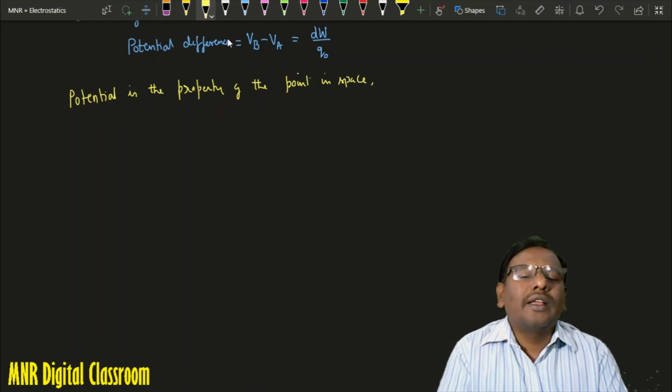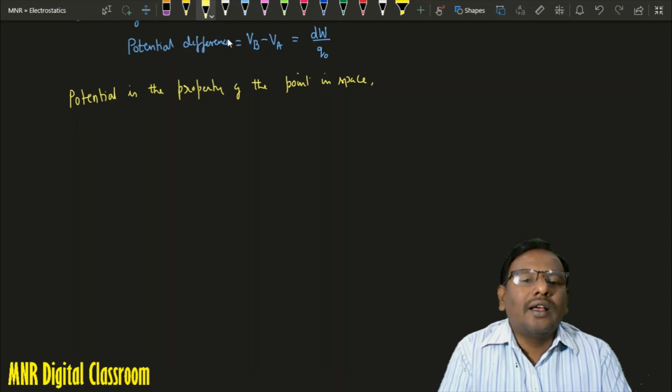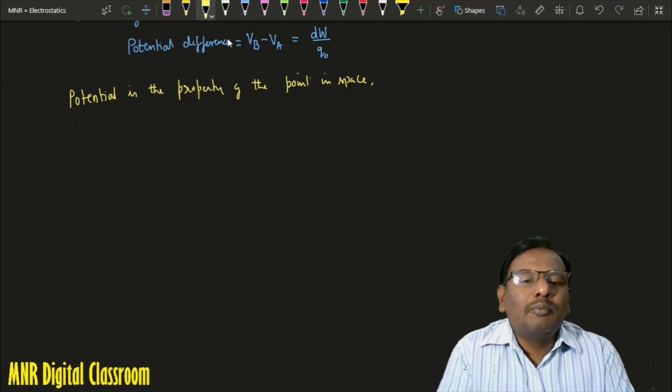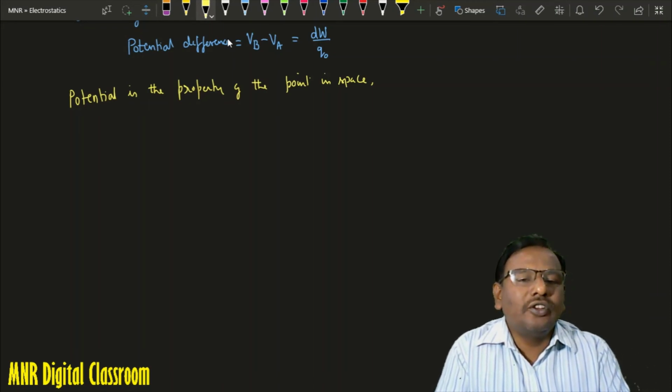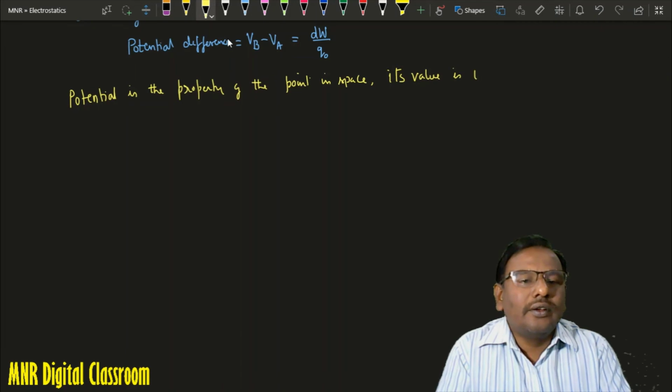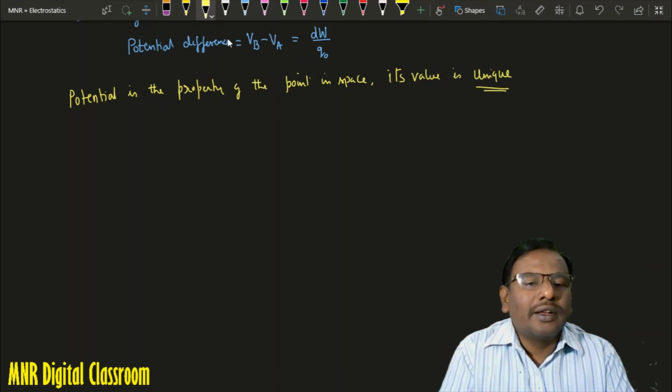Therefore, for a given charge or a system of charges, the potential at any point is unique. At every point, for a given system of charges, there is a certain value of potential. That value is unique.